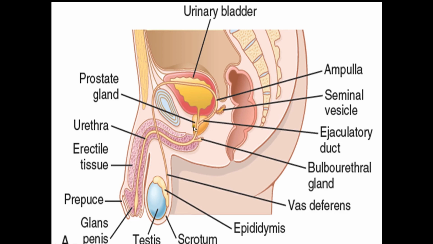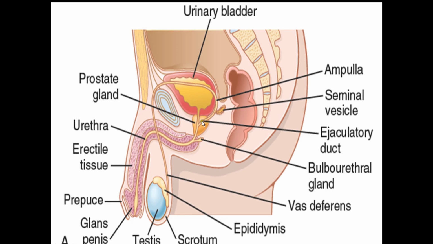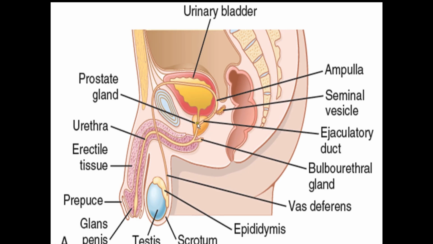On both sides of the prostate gland are the vesicular structures called the seminal vesicles. The terminal part of the vas deferens is slightly dilated, and this dilated part is called the ampulla of the vas deferens. Then this is the prostate, and this is the posterior urethra.